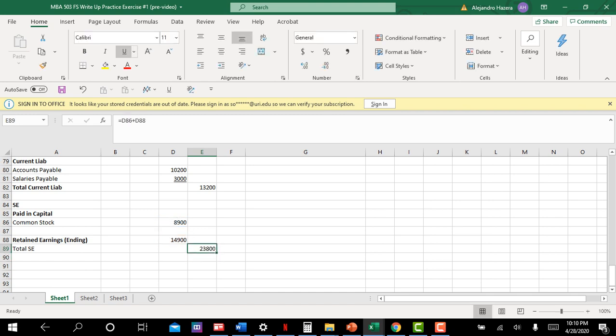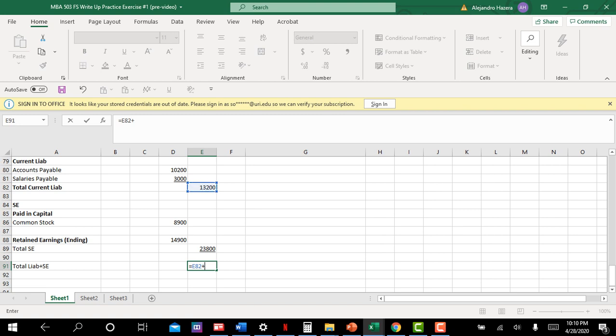I'm going to subtotal this, and let's see what we get for our total liabilities plus shareholders' equity. That total is equal to 13,200 plus the 23,800, 37,000. That looks pretty good to me.